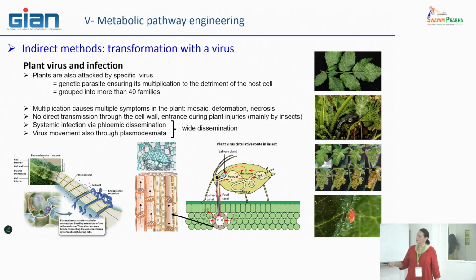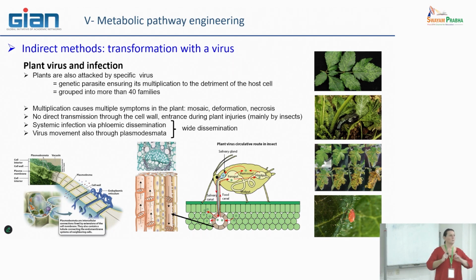Secondly, when these viruses are in the vessel cells, they can also go out via what we call plasmodesmata, and plasmodesmata permit this virus to go everywhere in the plant.